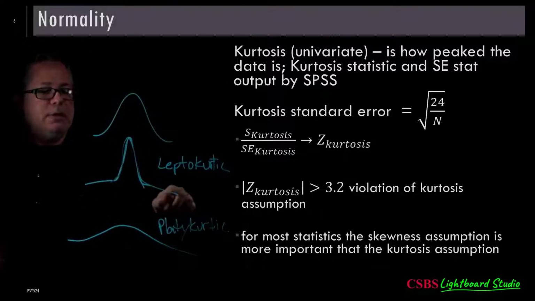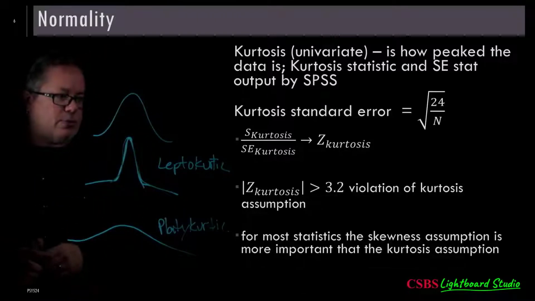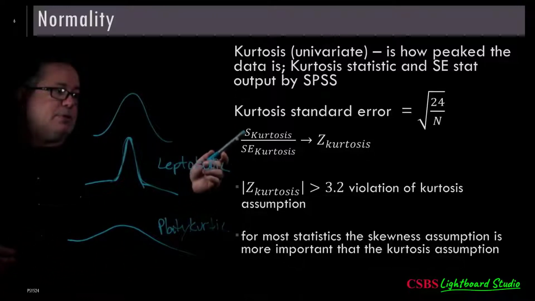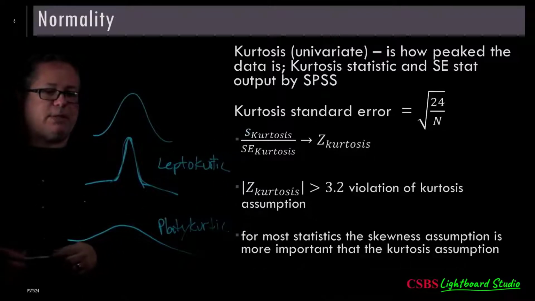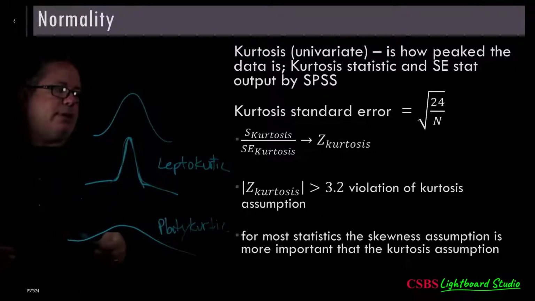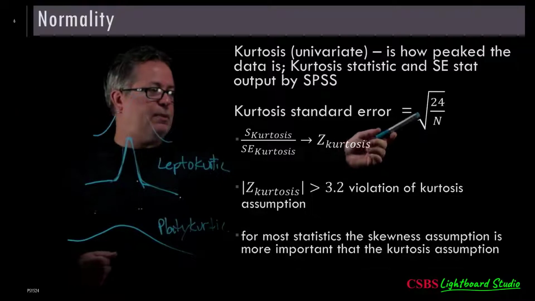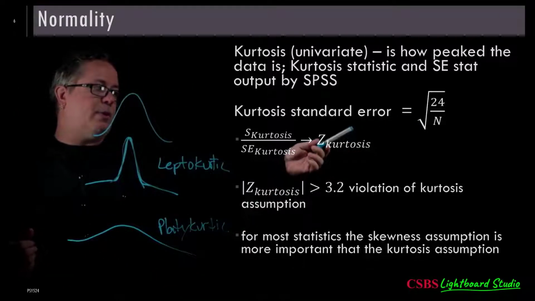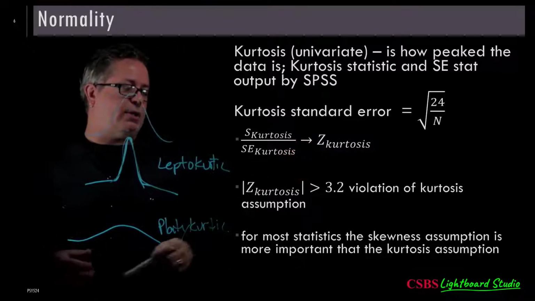So you've got leptokurtic and platykurtic distributions, and what we can get is a kurtosis statistic, which will be positive or negative. It's positive when it gets more lepto and negative when it gets more platy. It'll give you a standard error for kurtosis, and you can divide those two and also get a z-score.